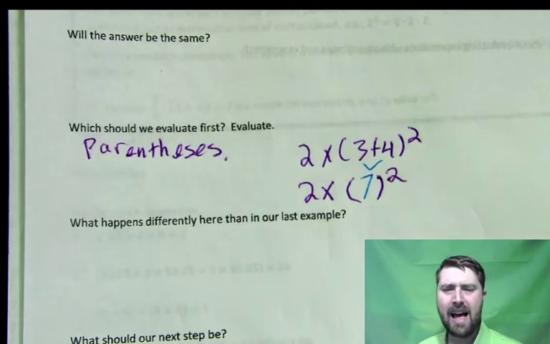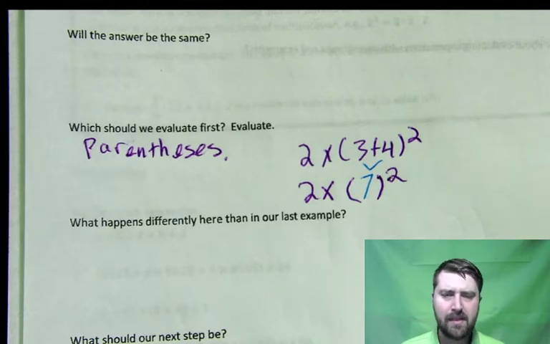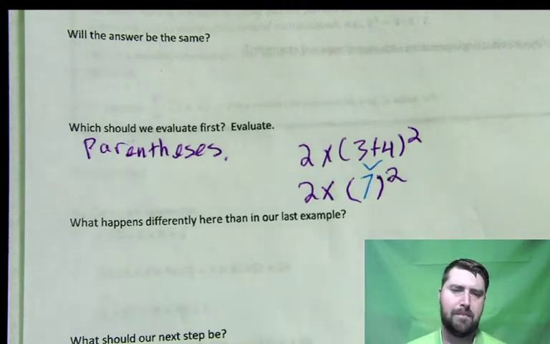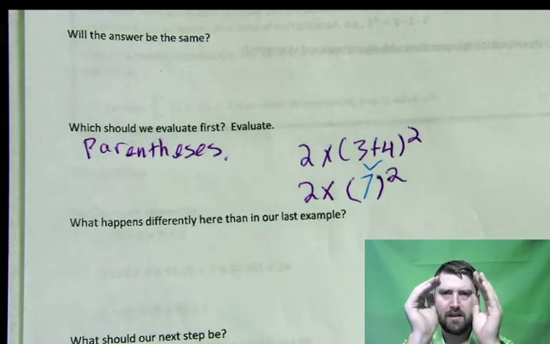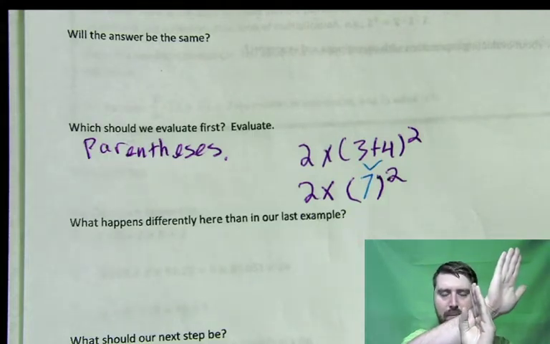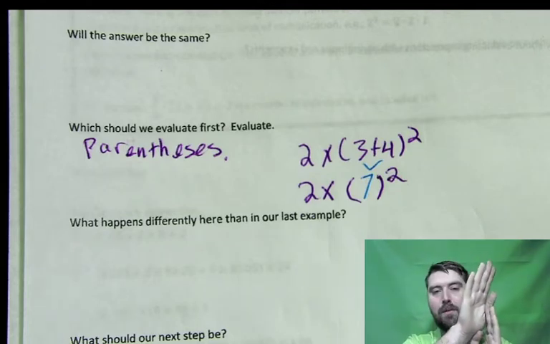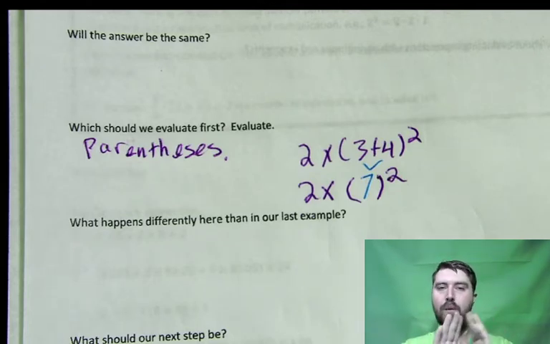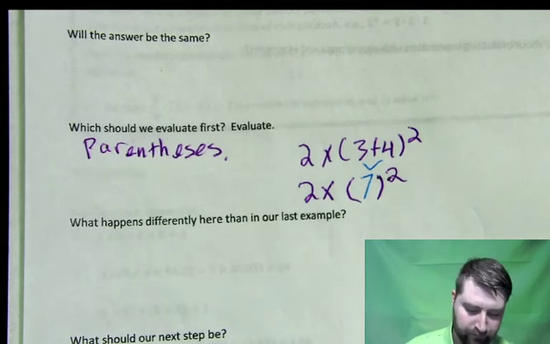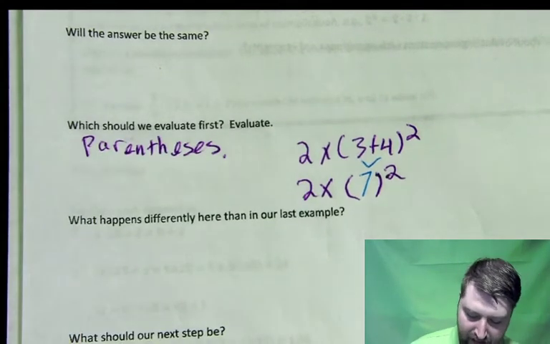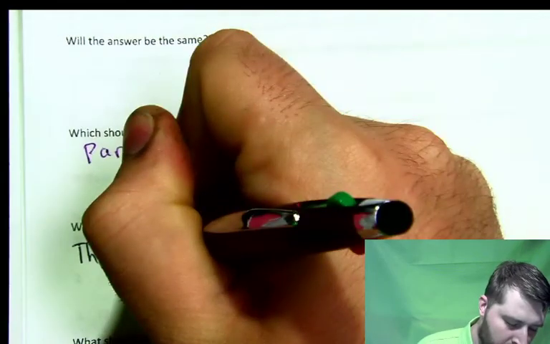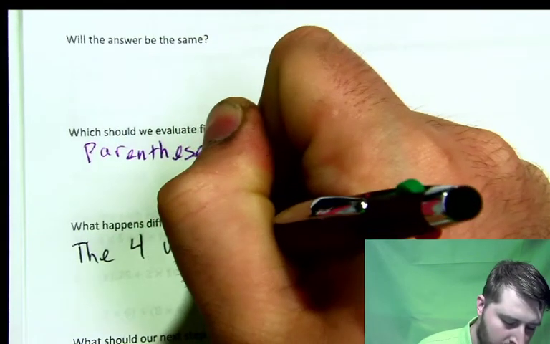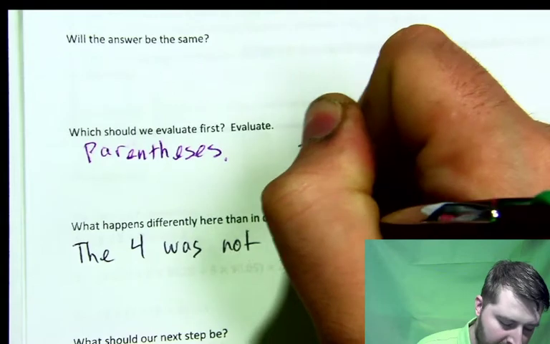So what happens here differently than our last example? Well, this time, because the 2 was outside of the parentheses, it was not inside it anymore, the 4 was not raised to the second power. So we're going to write that down. The 4 was not raised. That means we did not square it.